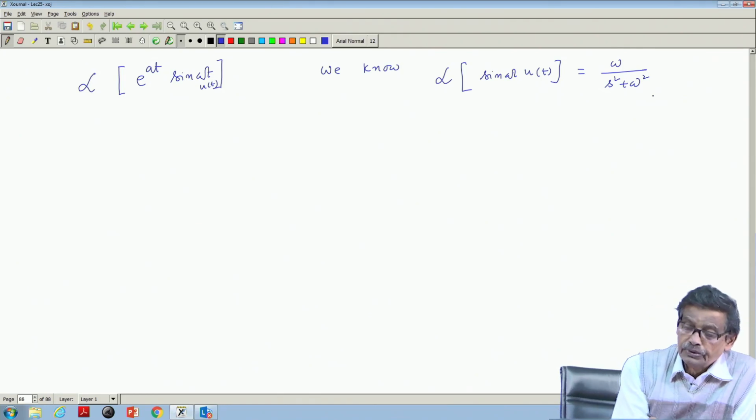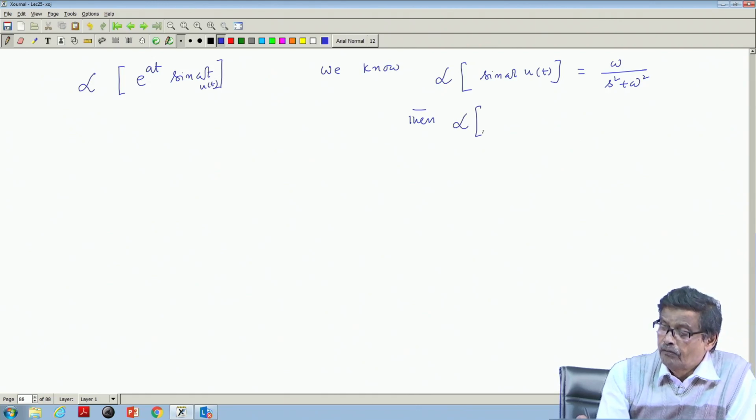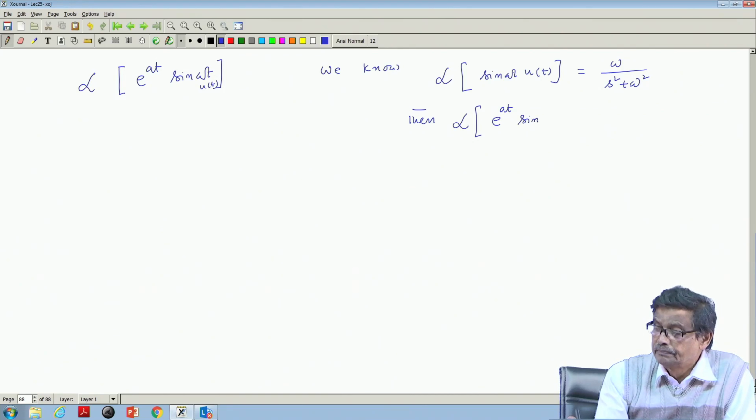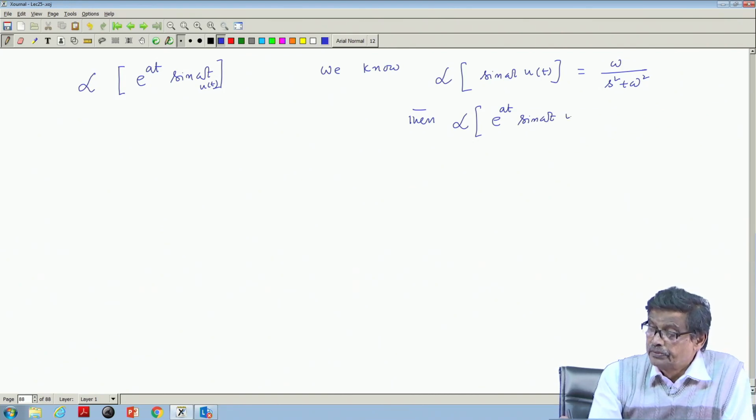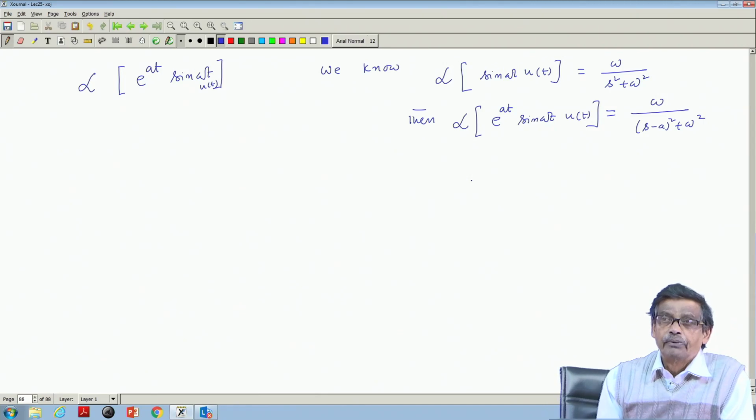If this is true, then the Laplace transform of e to the power a t sin omega t u t will be the same thing, but s is replaced by s minus a. This is the idea. Got the point?